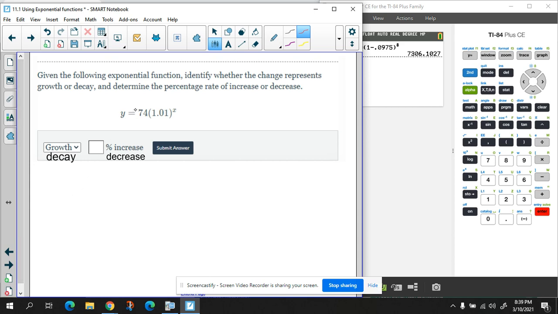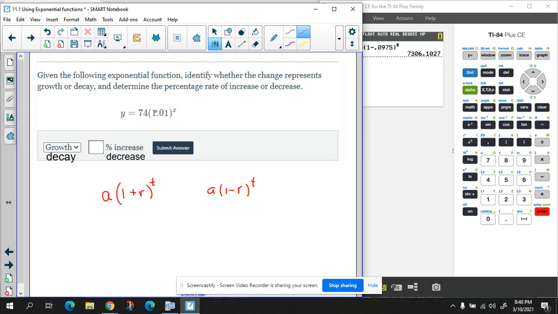Some of your Delta Math questions are going to have a drop-down menu that asks you to choose if it's going to be growth or decay based on looking at your formula alone. So what I want you to understand is the front number is considered the A value. Inside here, it was either 1 plus the rate raised up to time, or it was 1 minus the rate raised up to time.